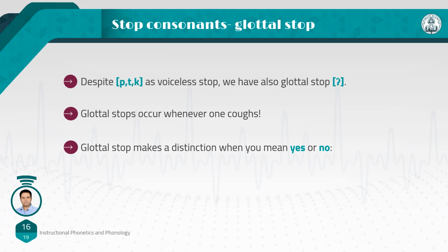A glottal stop makes a distinction when you mean yes or no. When you say no, you say something like this: uh-uh. But when you say yes, it is something like this: uh-huh. So in one we don't have a glottal stop, but in the other we have a glottal stop.